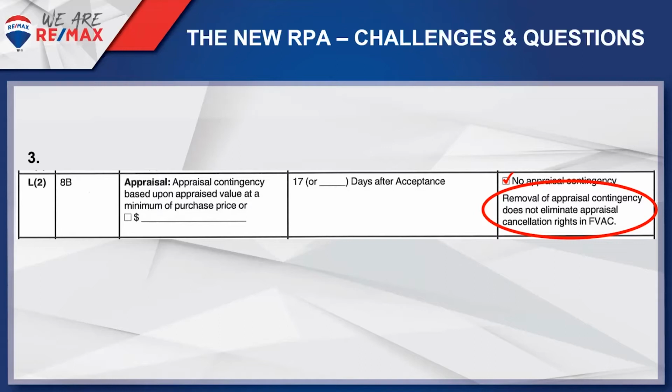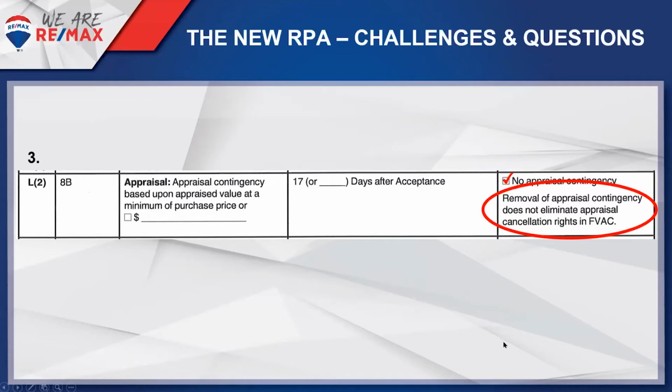The buyer shall not forfeit his deposit if he fails to purchase the property and the appraisal did not come in at the purchase price. So that's in there. So keep that in mind.